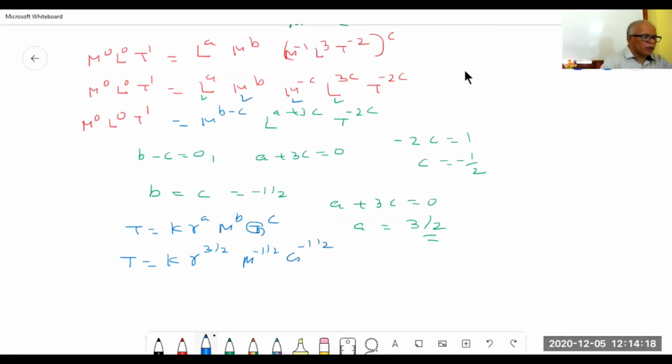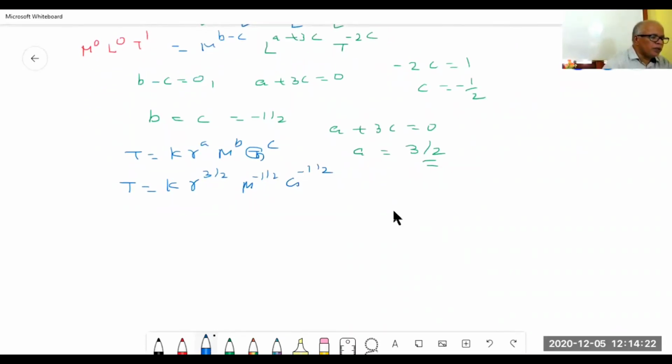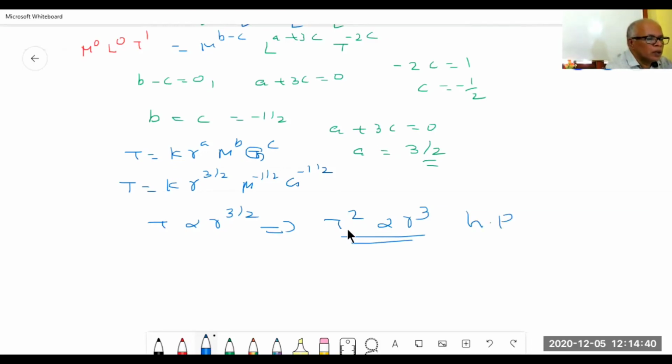So you see, these two things are not necessary for this problem. From this equation you can see T is proportional to r raised to 3 by 2. Squaring it, T square is proportional to r cube. Hence the proof.